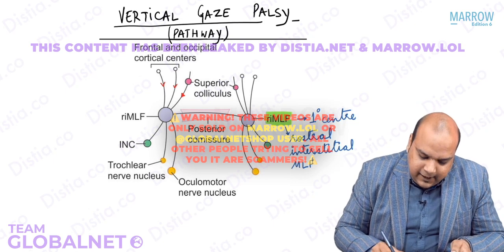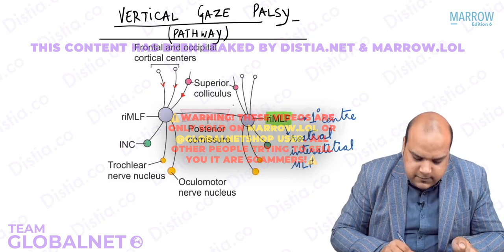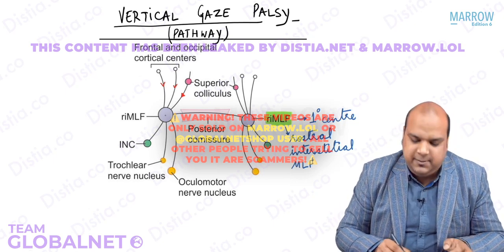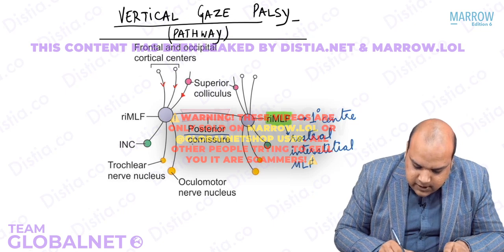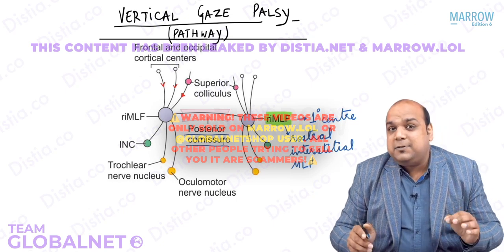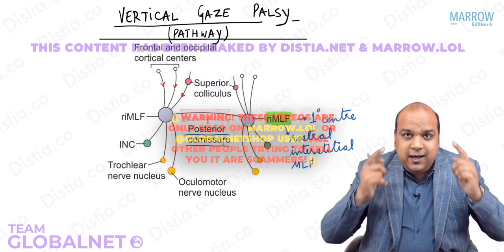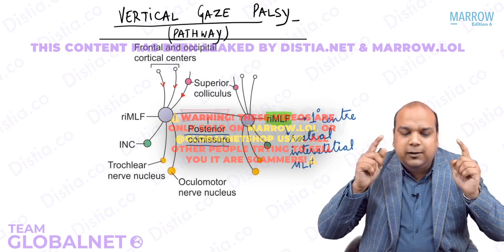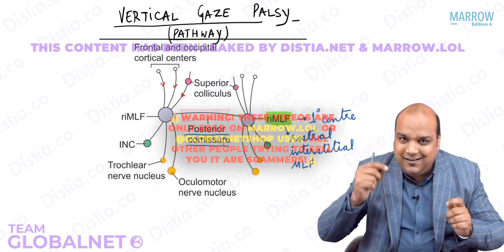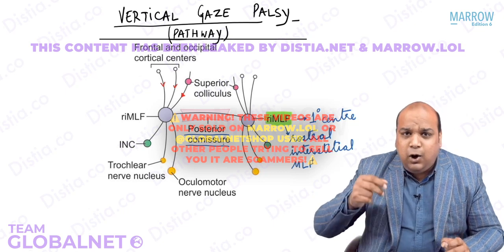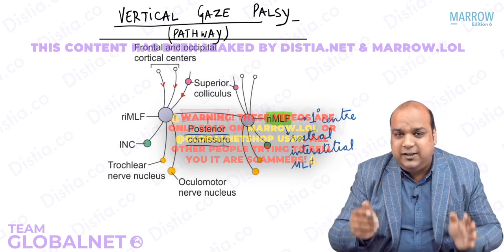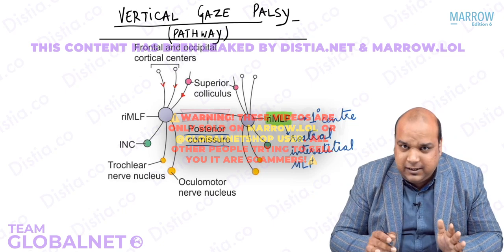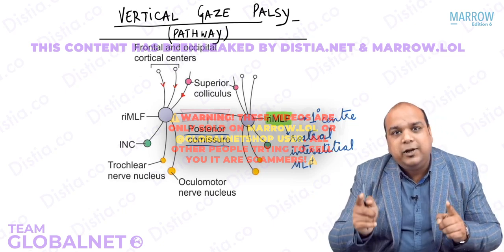Now, the right side RIMLF communicates with the left side RIMLF via posterior commissure. This becomes an important part because we need to understand that both the eyes will either go up together or down together. It is neither a unilateral action nor a contralateral action. It is always a bilateral action. Am I clear to everybody? So both the centers are communicating with each other.